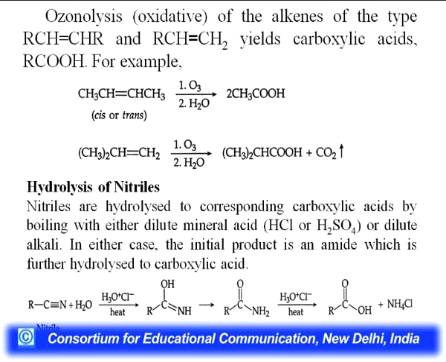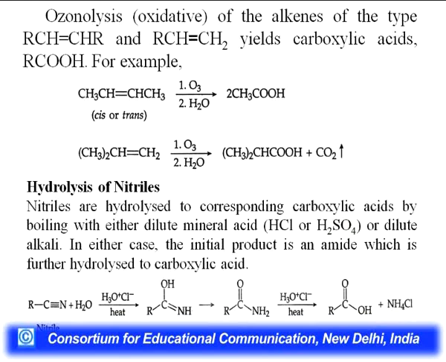So, you can see how ozonolysis works. First of all ozonide is formed, which after hydrolysis will give you the corresponding carboxylic acid. So, first we are taking the example of CH3CH=CHCH3, a symmetrical alkene, which will give you 2 molecules of acetic acid, and a terminal alkene will give you the corresponding carboxylic acid.